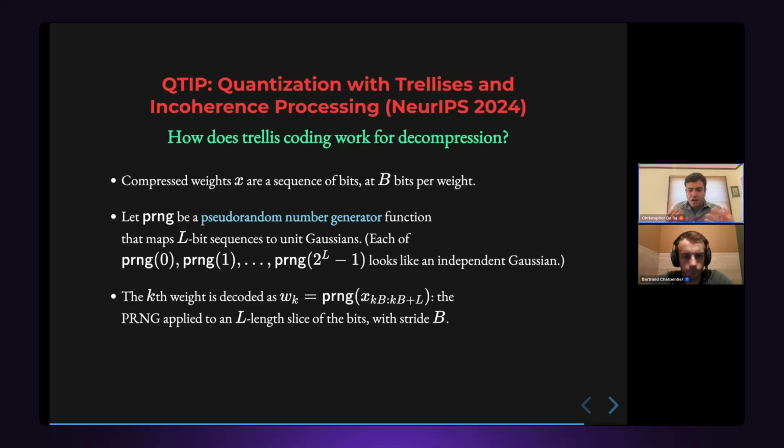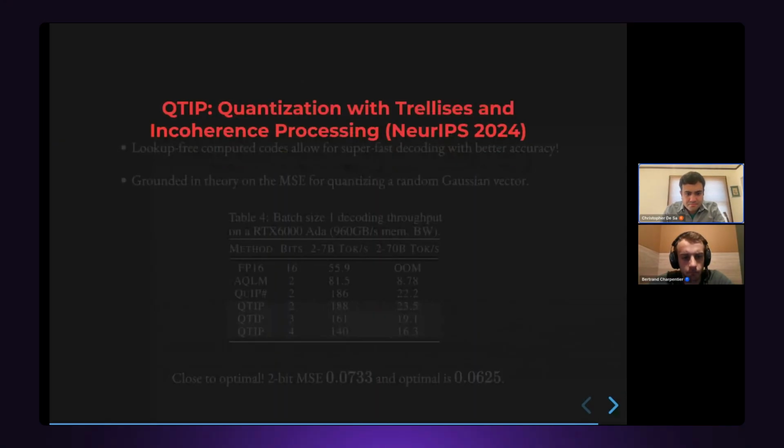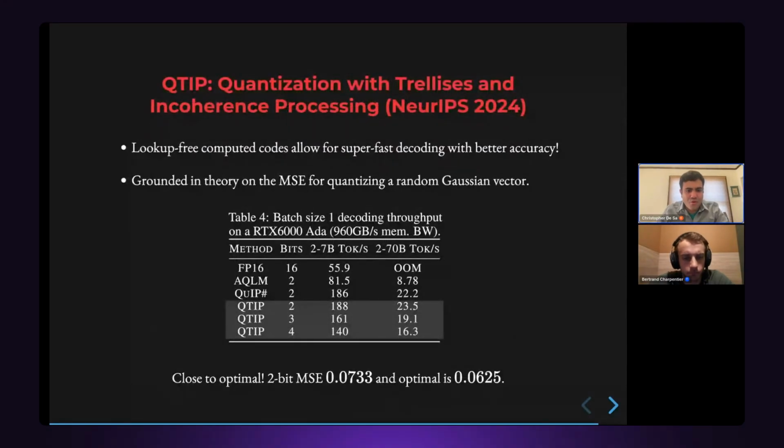And then you decode the kth weight as your pseudo-random number generator applied to a chunk of L bits that slides through the sequence of bits as you run decode. And so it's actually super fast and really efficient to implement. You can do it really efficiently for compression too, although there are some theoretical limitations. And it turns out to be way better than the previous work and is able to run really efficiently on real GPUs.